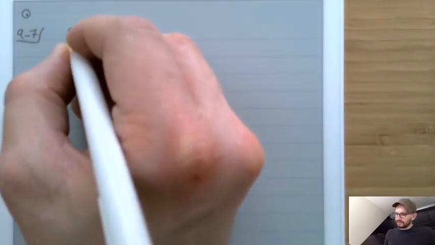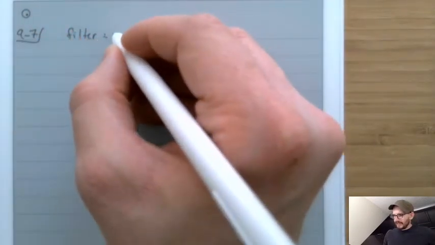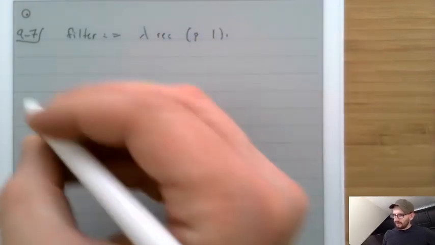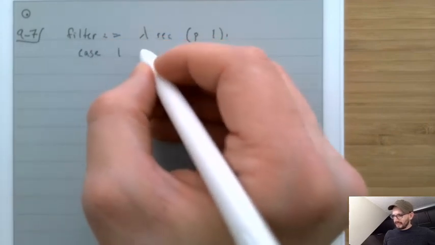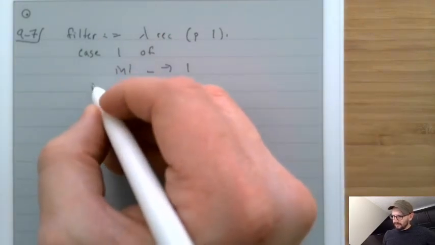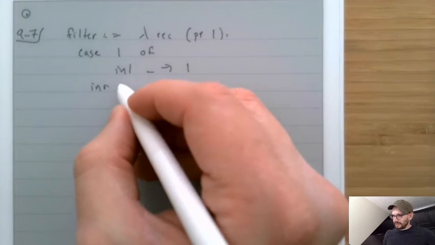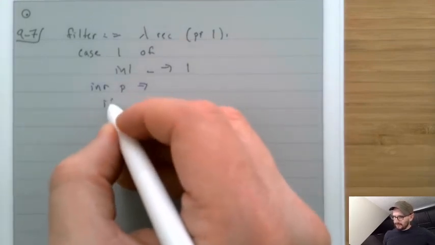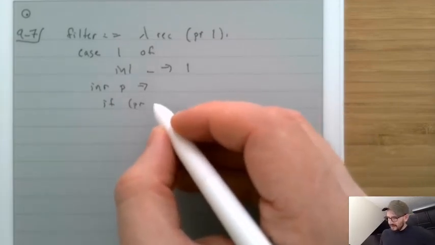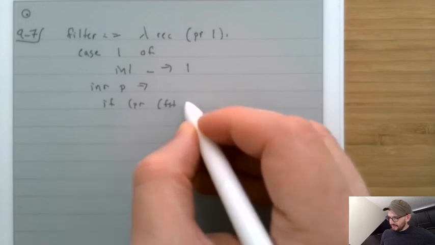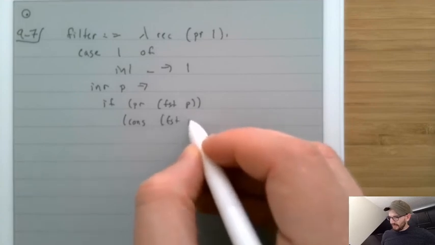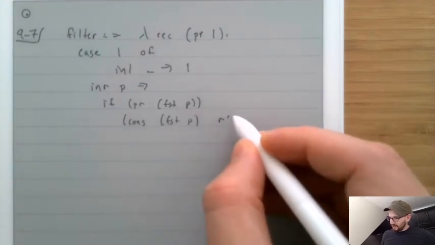We could write a filter function. So filter is going to take a predicate and a list, and what we're going to do is say case L of in left, we're just going to return the list, and if it's an in right, let's call this p, then we're going to say if the predicate passes on the first thing in p, then we're going to do a cons of the first thing in p and then r prime.